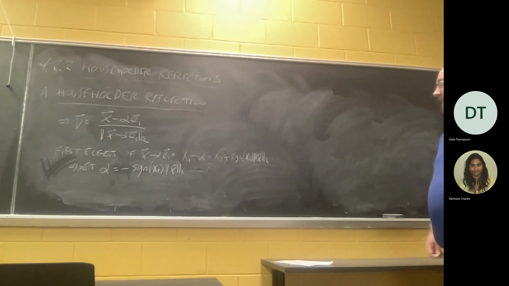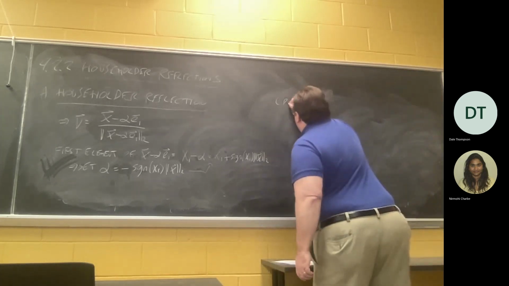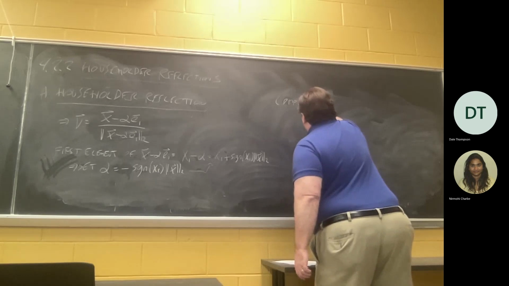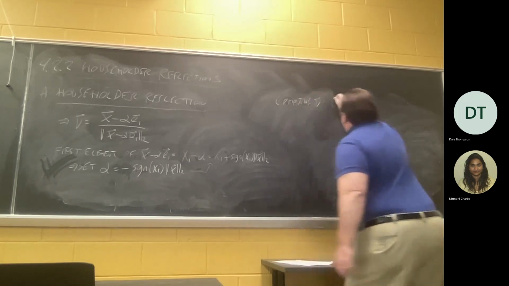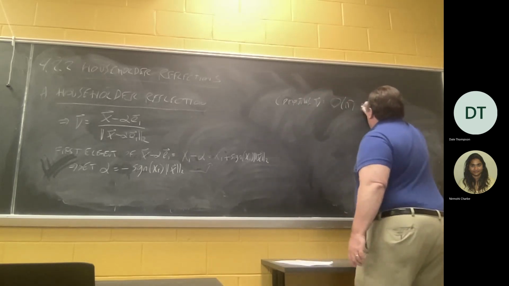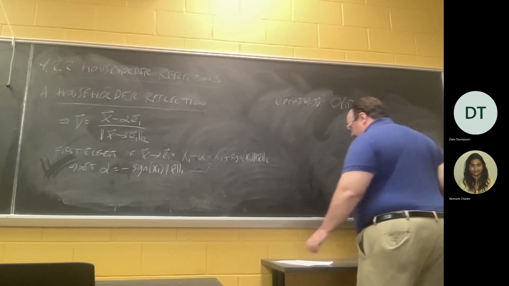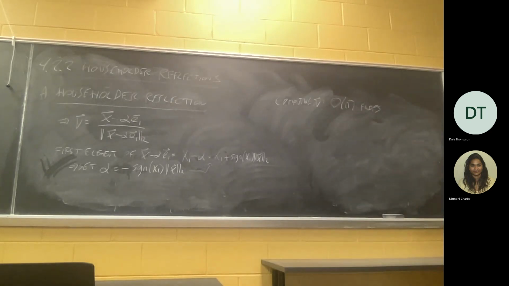So computing V is order n flops, or floating point operations. Actually, it's almost exactly n itself, not just order n, but n.